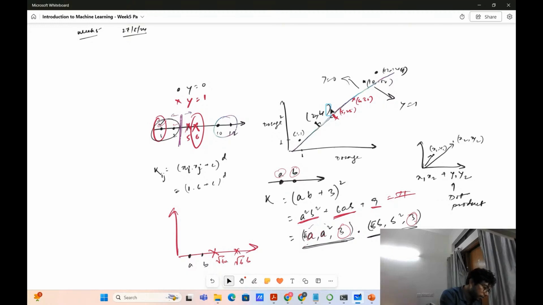And then you will also do a square. This distance is a square, right? So this is your new representation of a. Similarly, the new representation of b would be root 6b comma b square. This is your new coordinate. New coordinates are root 6a, a square and root 6b, b square. This will be your new representation of your data in higher dimension. Right? Is that clear?